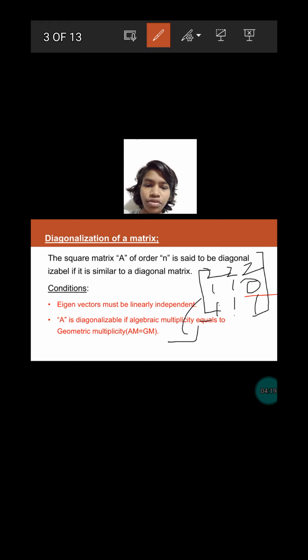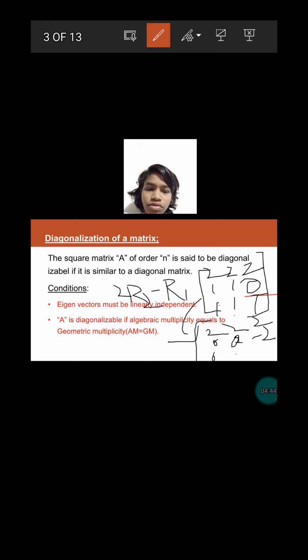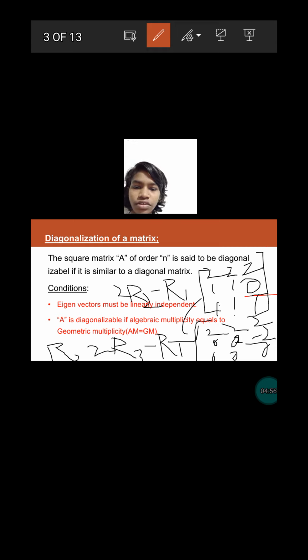After converting this matrix into echelon form, the matrix turns into 2 2 2, and with r2 tends to 2r2 minus r1 we get 0 0 minus 2, and with r3 tends to 2r3 minus r1, the last row is 0 0 0.